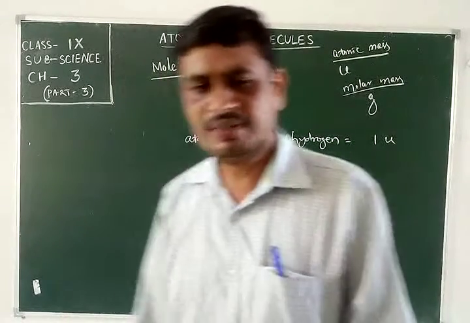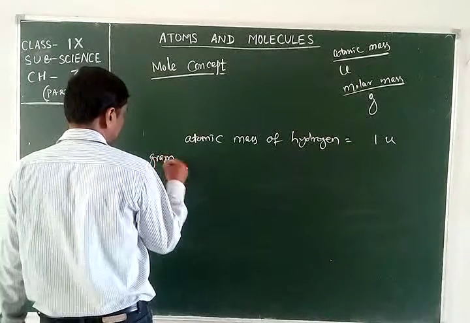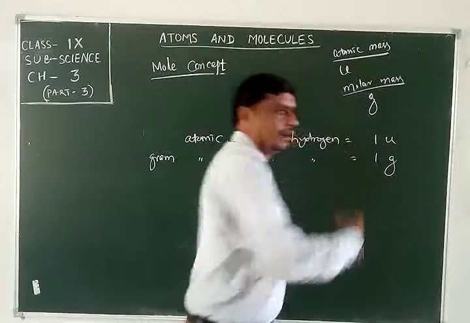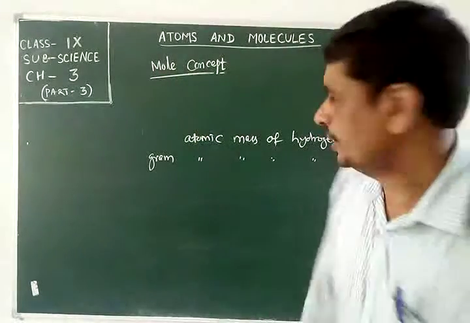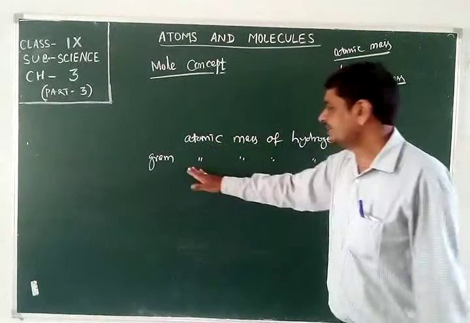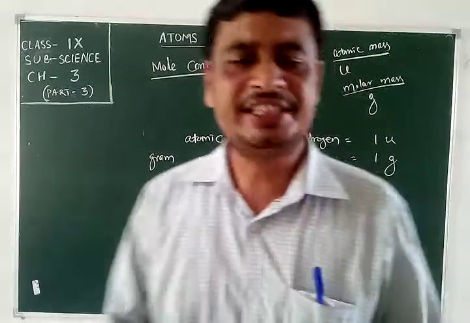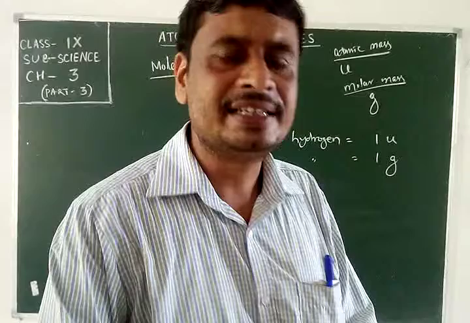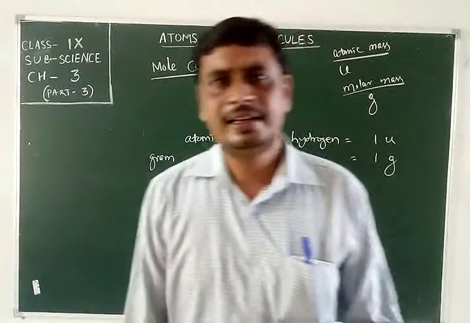So, gram atomic mass of hydrogen will be 1 gram. It is only different in that u and g are atomic mass and gram atomic mass respectively. In case of atomic mass, we use only u, that is unified mass, and for gram atomic mass we use g. This g indicates gram atomic mass of a certain element.